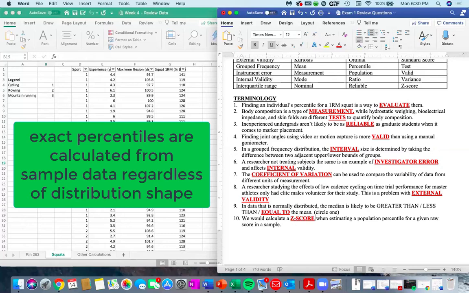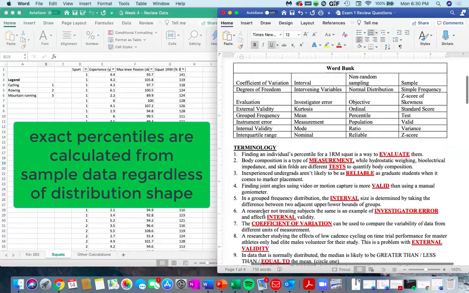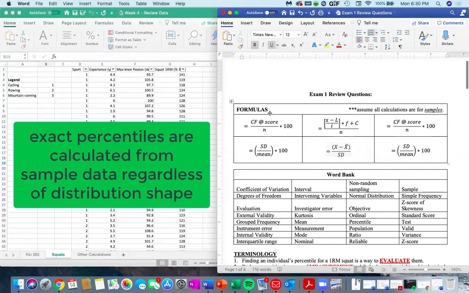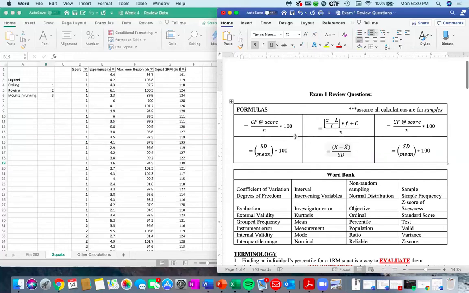Where does a given raw score land within that set of measurements, right? And they can be negatively skewed, they could be positively kurtosed. It doesn't really matter what the shape is. You just want to know what is a single raw score within a given set of scores from a sample. Okay, so exact percentiles are going to be when you use your distribution or your frequency distribution calculation. So these two up here, right?